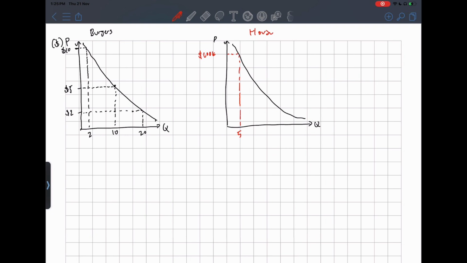But future price expectations means the price that you think it's going to be a couple months, or a couple years, or a couple decades in the future. So let's say the housing market is kind of low right now, but you predict there's going to be an economic boom, which means real estate prices would go up. So your future price expectation for that same house is going to be higher.